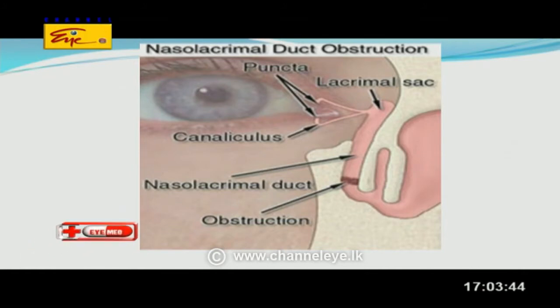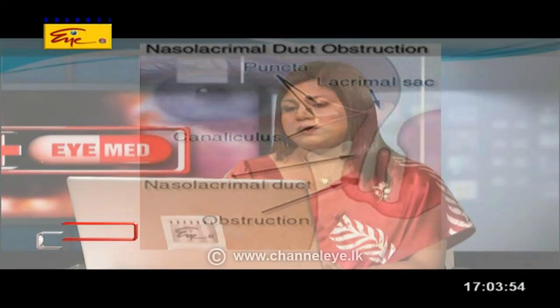Usually during intrauterine life it is not patent, but just after birth it must be patent to drain the excessive tears to the nasal cavity. But in some children the patency is not there just after birth. Usually it is obstructed at the distal end, that means towards the nasal cavity.